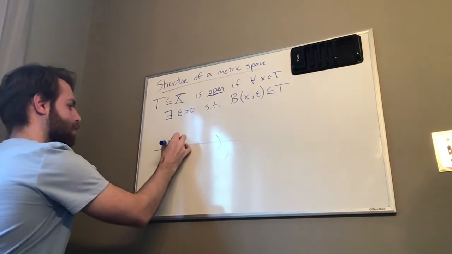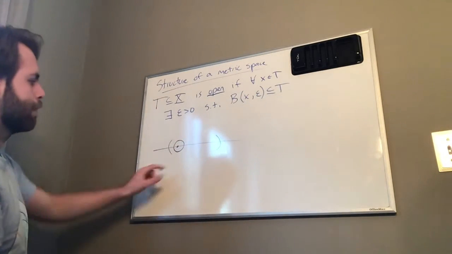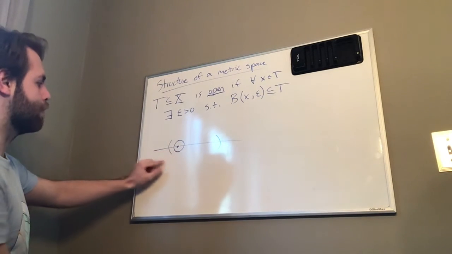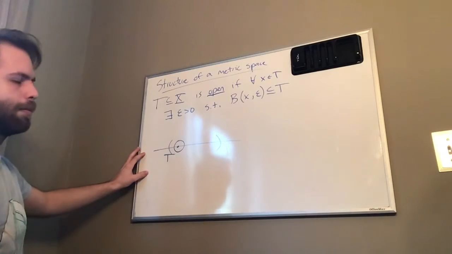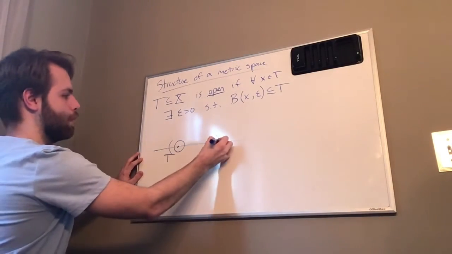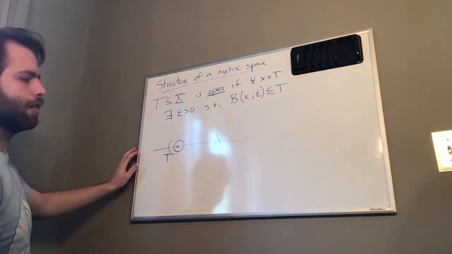So if I draw a little ball around here, this ball is still contained in T, in my interval. And if I get really close to the endpoint, I just draw a really small ball, as long as it's still contained.